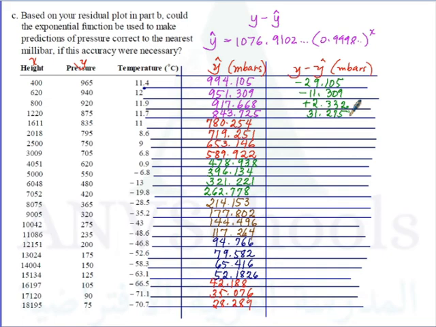The next one will be 835 minus 780.254, which will give me 54.746. And then I have 795 minus 719.251, which will give me 75.749.